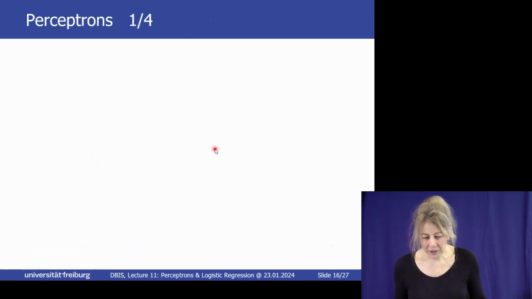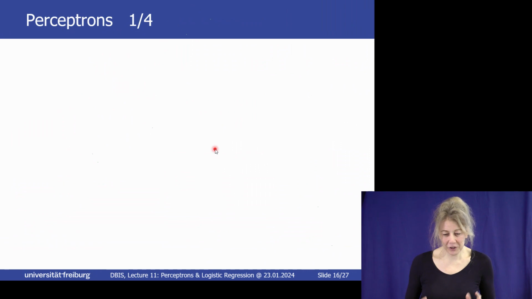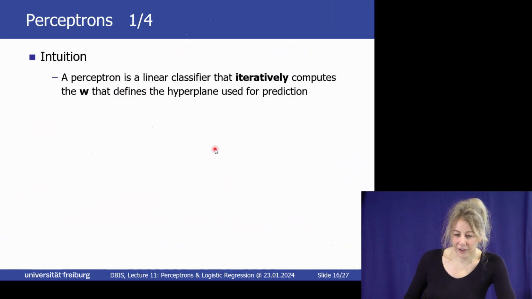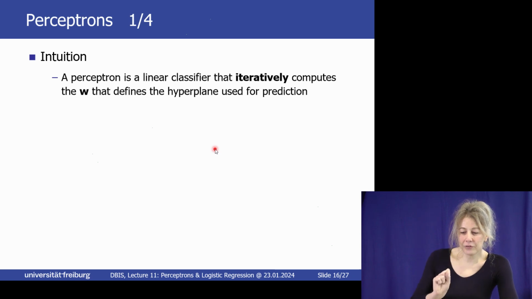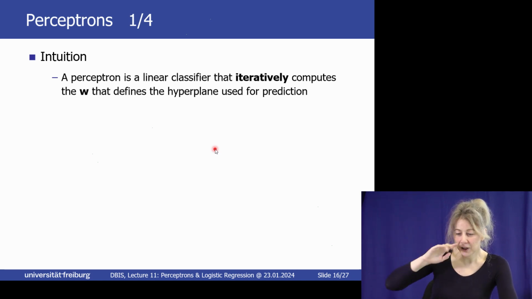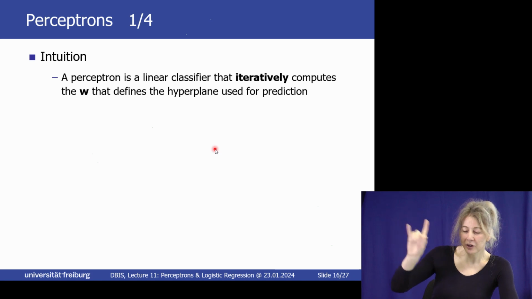And here's one method which is so simple and so surprising that it works. You just iteratively compute the W. All we need now is a W. The B we got rid of by lifting to 1 dimension higher.